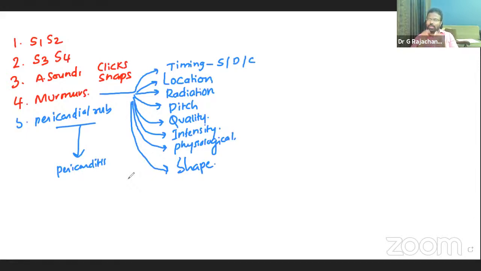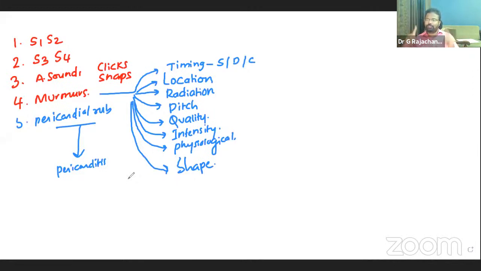But you know that we cannot voluntarily stop our heart, but we are lucky enough to stop breathing at least for a few seconds. First, tell the patient to stop breathing for a few seconds. When he stops breathing, if it is a pleural rub, the sound stops. You will not hear any rubbing sound.